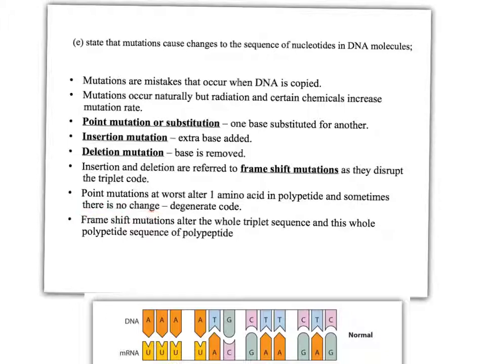It is very possible for a substitution mutation to change a base for another base, and that other base changes the code into the code for the same amino acid. So there wouldn't be any change at all. Sometimes there is no change even with a point mutation, but at worst it's only going to change one amino acid. Whereas frame shift mutations alter the whole triplet sequence, and this would alter the whole polypeptide sequence and usually have a dramatic effect on structure and therefore function of the protein.